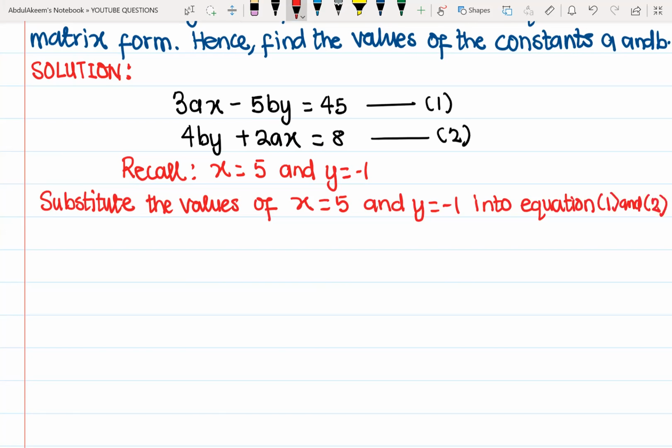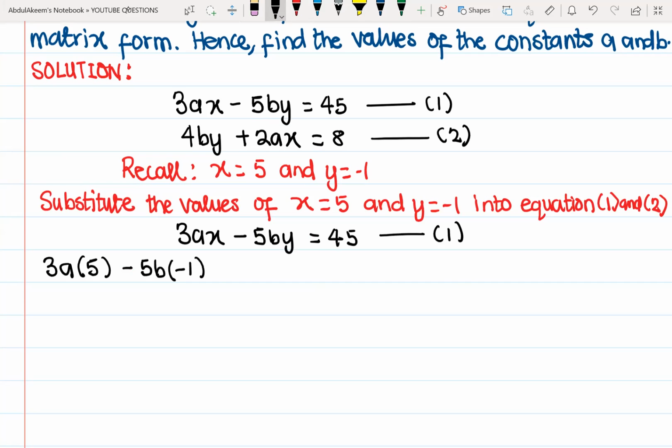For the first equation, 3ax minus 5by equals 45, I will have 3a times 5, minus 5b times minus 1, equals 45. So I will have 15a plus 5b equals 45.